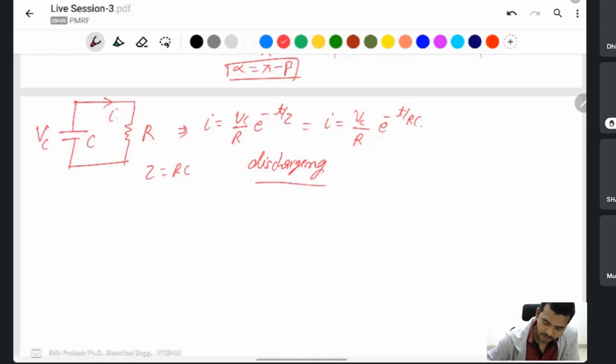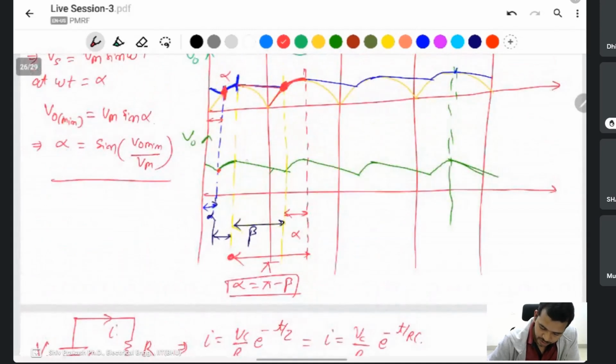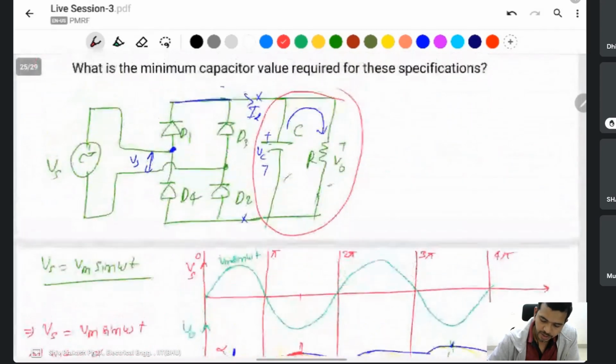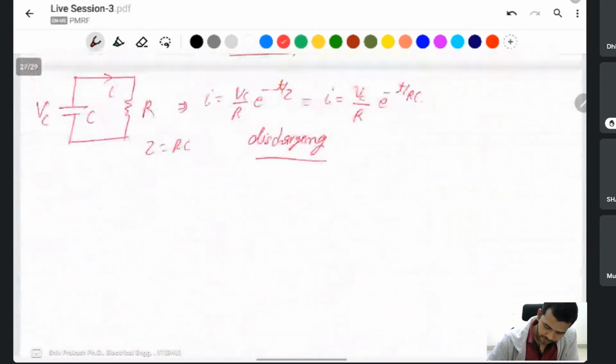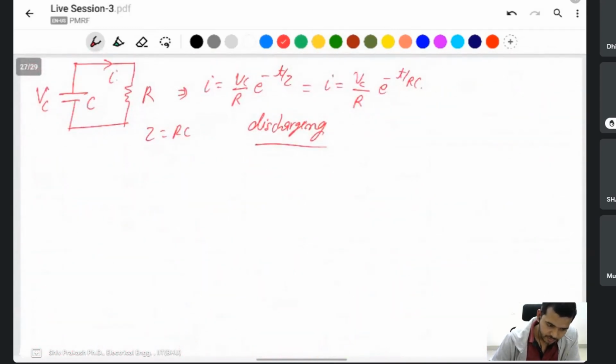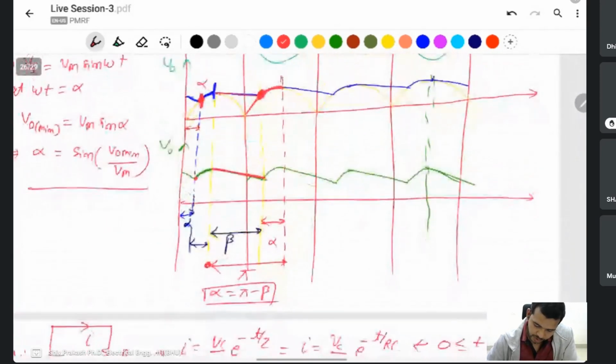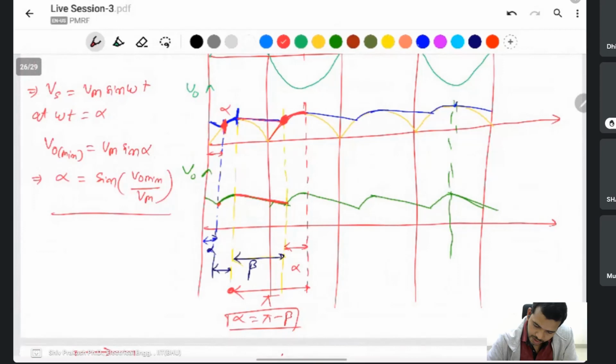At the discharging time, in this period, only the capacitor and resistor circuit is present. The capacitor supplies the load power. So from 0 to, look here, can we change the notation of this one?